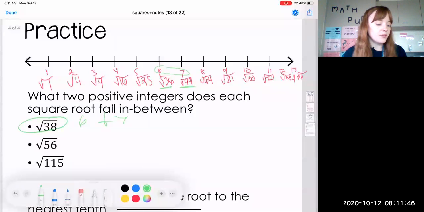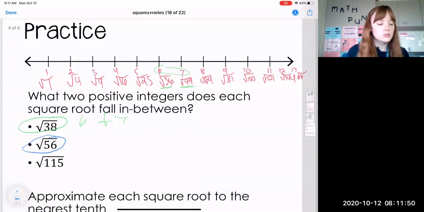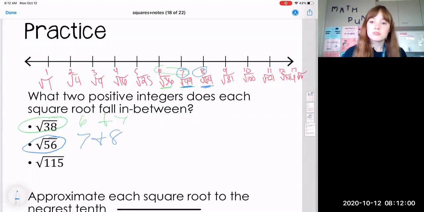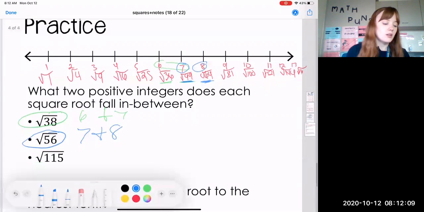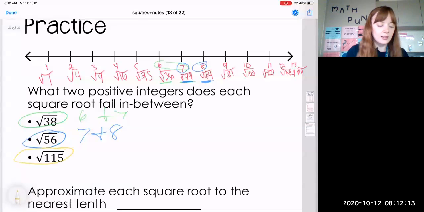The square root of 56, we'll work that one out in blue, falls somewhere between 49 and 64. So it's between 7 and 8. So we just figure out what it falls in between, and then take the square roots of those numbers. Square root of 115, that's a bit higher. We'll work that one out in yellow.